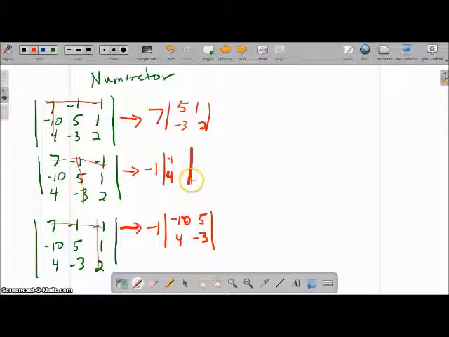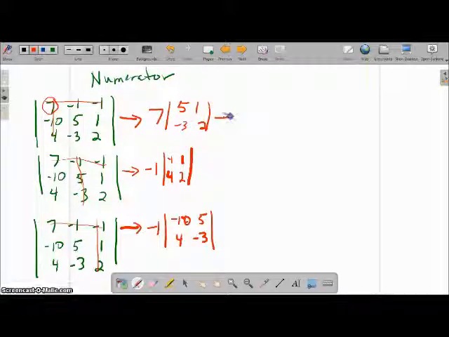Okay, continuing on, I skipped ahead a little bit to save some time on the video. So what I've done here is I've already set up our little mini matrices, or our little mini determinants. I crossed out the first column and the first row, took the 7 and put it here, and then put my remaining numbers into the determinant.